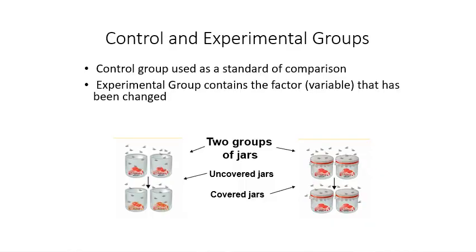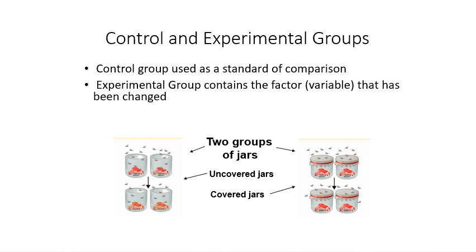He set up a controlled experiment. In one group, his standard of control, his basis of comparison, would be meat left in a jar, just like out in the market, just like in nature. And you expect, just like he saw in nature, that flies would erupt from that meat after a few days. His experimental group contained the factor of the variable that had been changed.